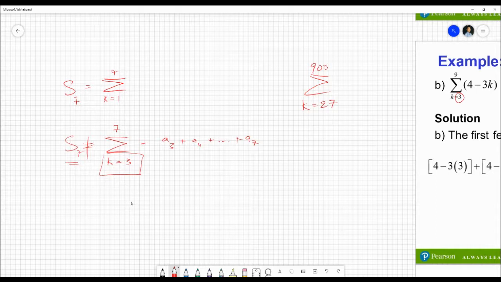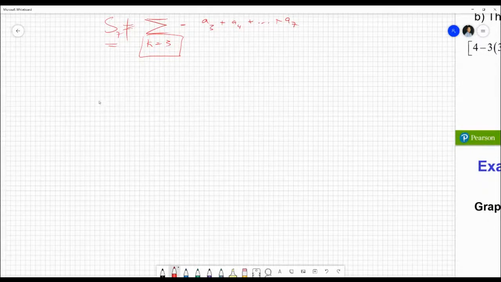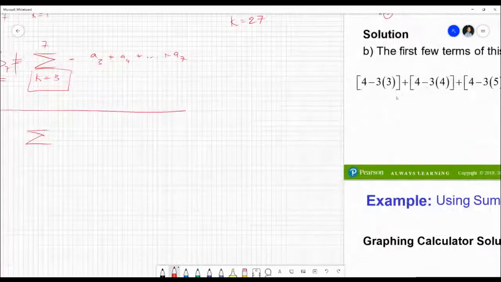Okay, so here's the formula for this. Let me show you an example. Let's say I want to find out the following. The example is 3 to 9.